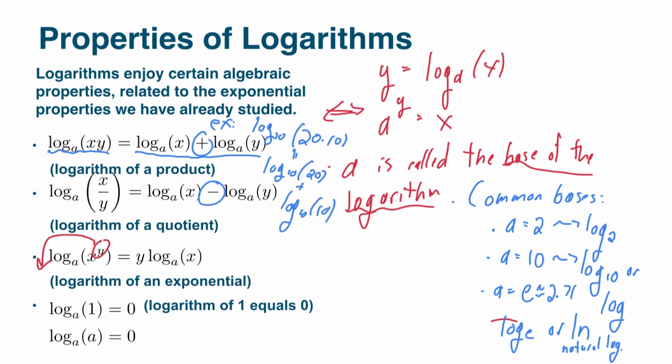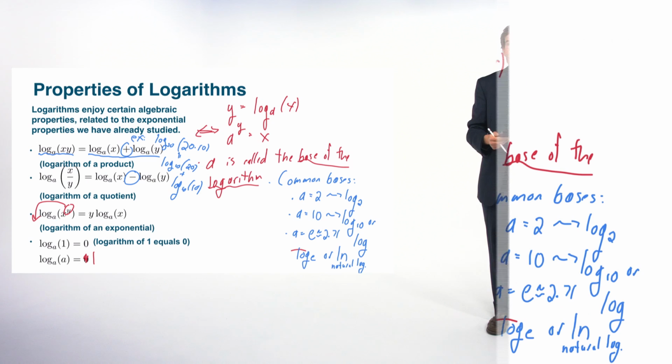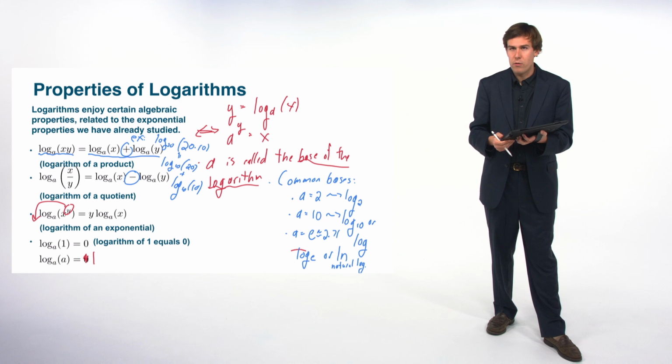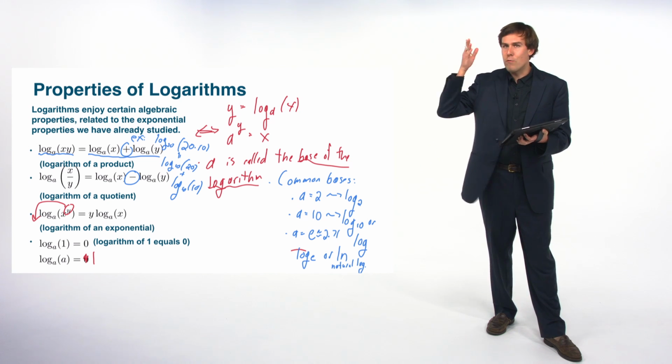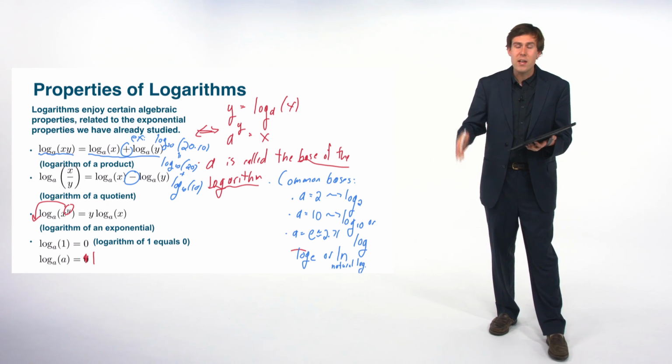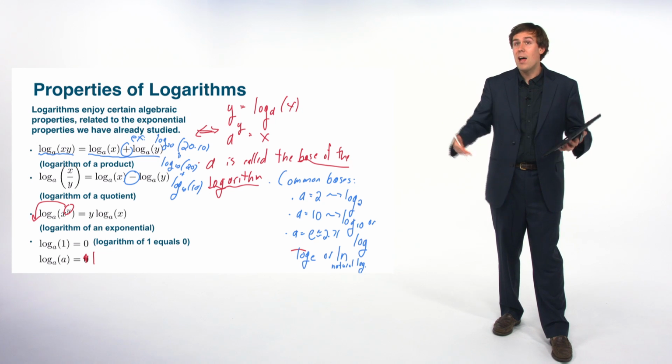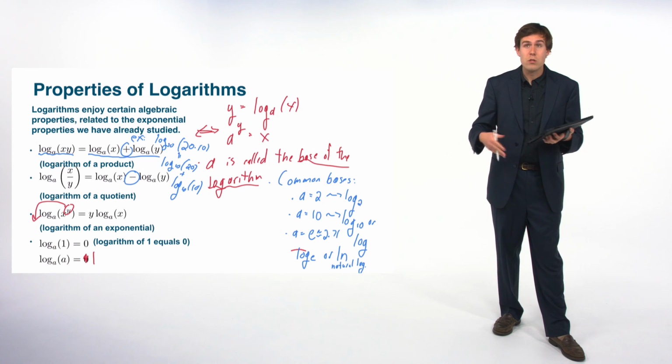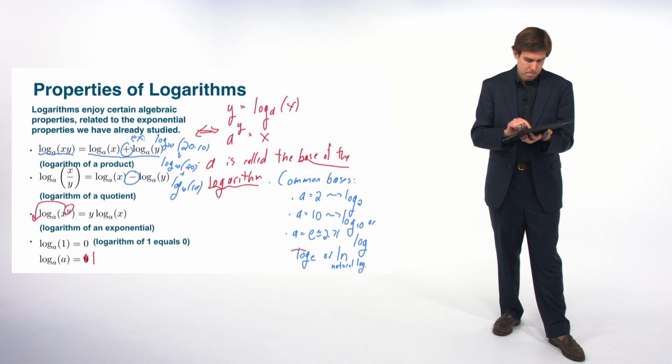Log base a of 1 is 0, and log base a of a, this is not 0, it should be equal to 1. Okay, so these are just a few kind of basic building blocks to play with logarithms and exponentials. So now that we've sort of gone through the mathematical theory briefly, let's look at a few examples and try and apply these tricks and rules to solving equations.